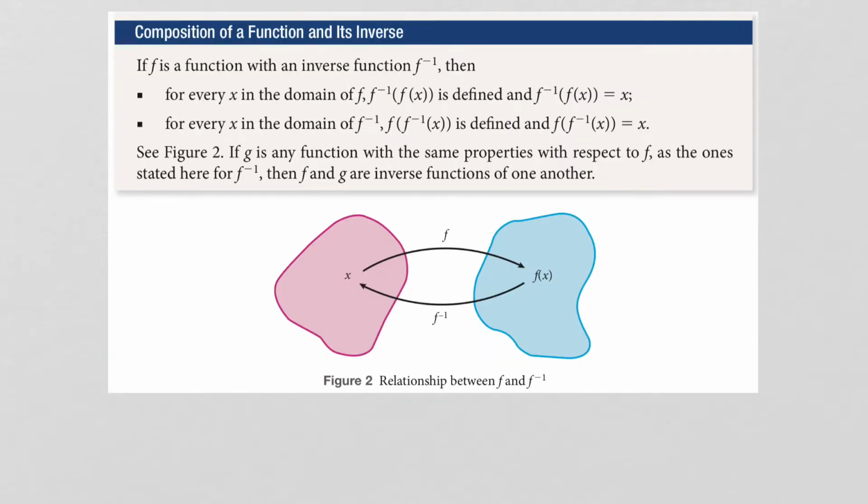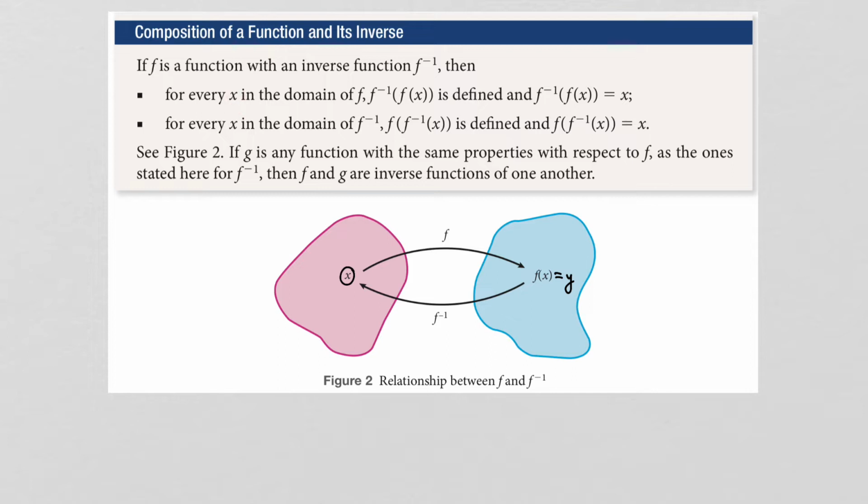Now, to try to understand this a little bit better, we're going to talk about the composition of a function and its inverse. So again, keep in mind that the function will take this number x and send it over to this number f of x, which we also call y. And basically the idea is whatever this function does, the inverse function is going to undo it. And so in that regard, the two functions cancel each other out.